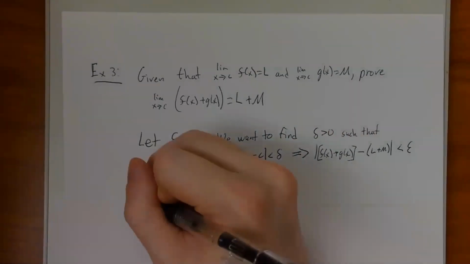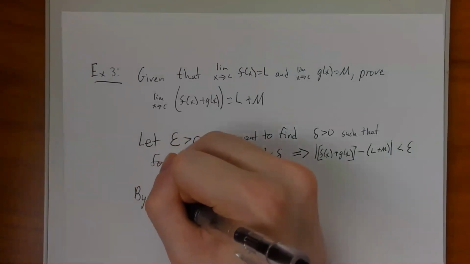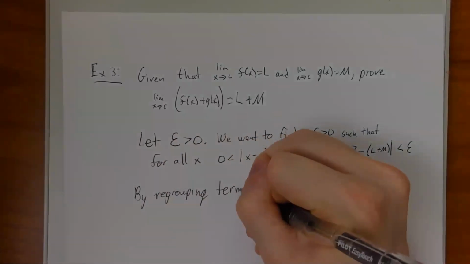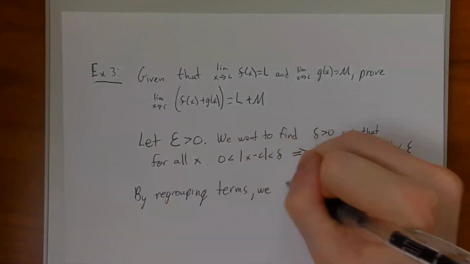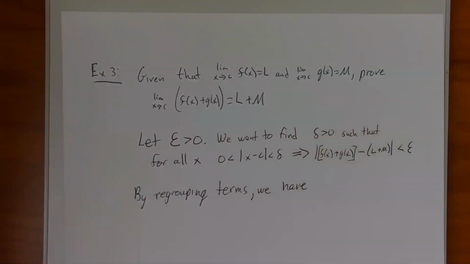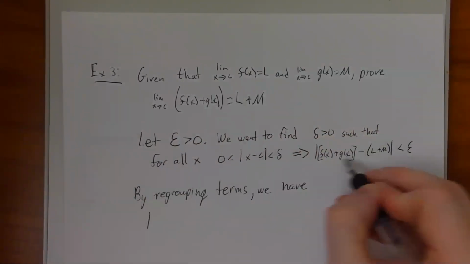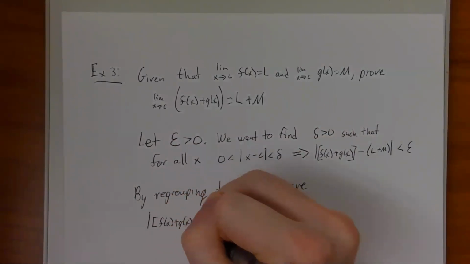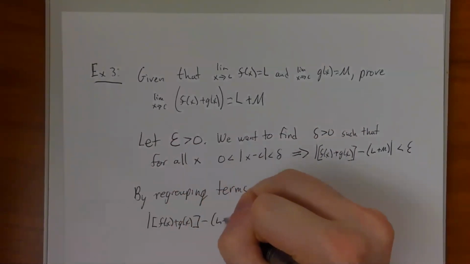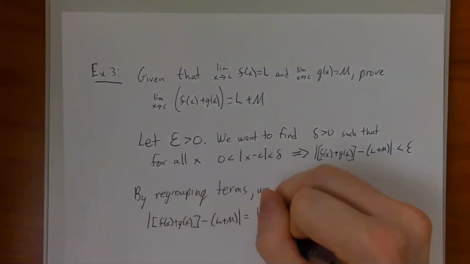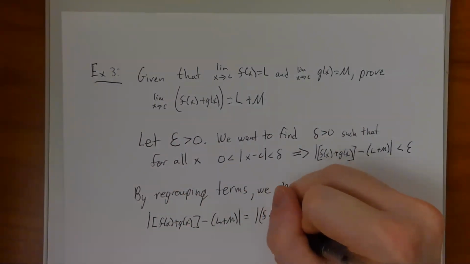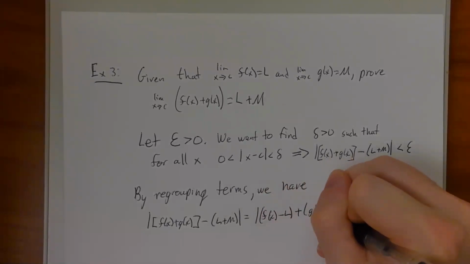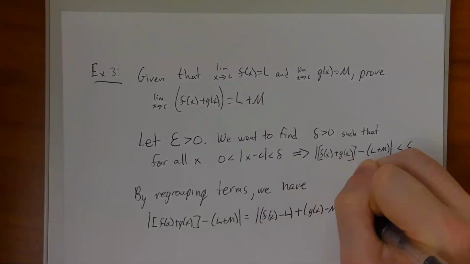All right, so first by regrouping terms, we're going to regroup terms and rewrite this over here. So this absolute value of f of x plus g of x minus L plus m is equal to the absolute value of f of x minus L plus g of x minus m.